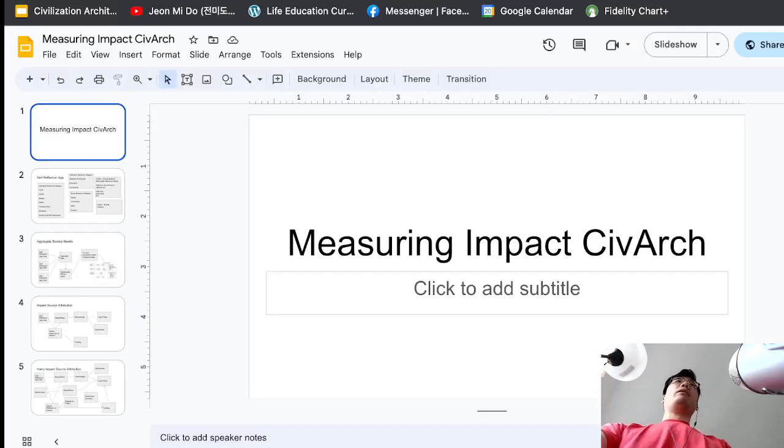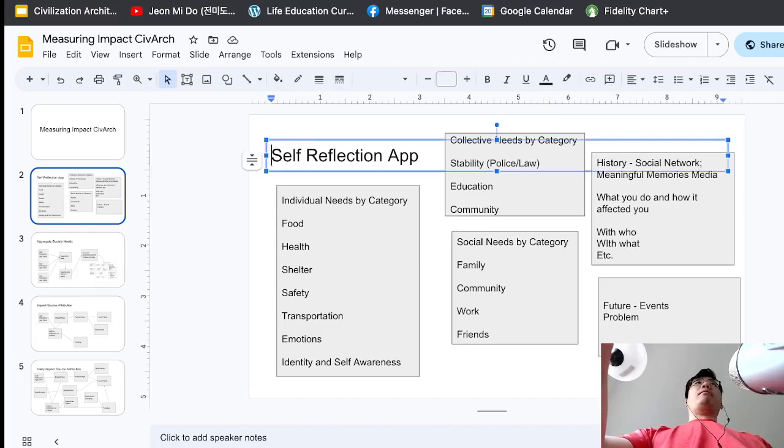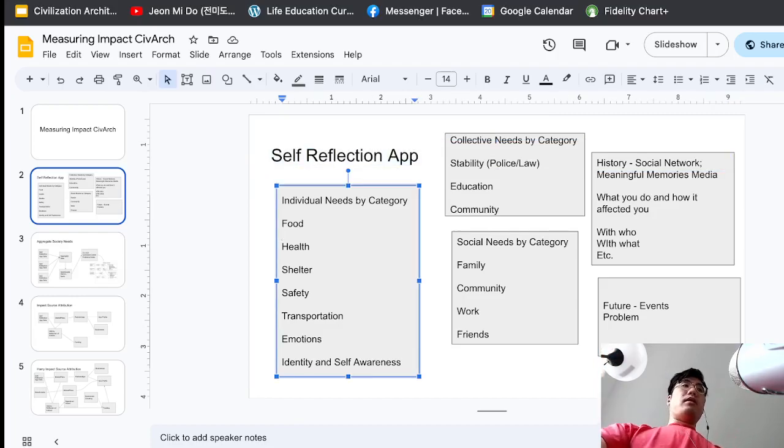So, the way that we plan to measure impact is by creating a self reflection app. This app will allow users of our society to input their needs by category. So we have individual needs, which cover food, shelter, health, safety, and so on, and also emotional self reflection.